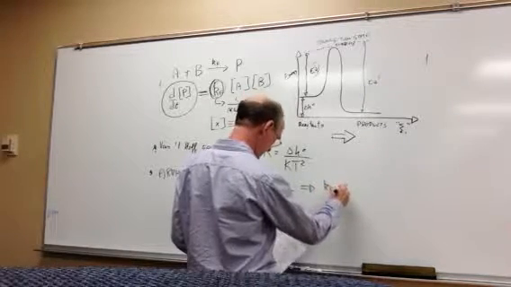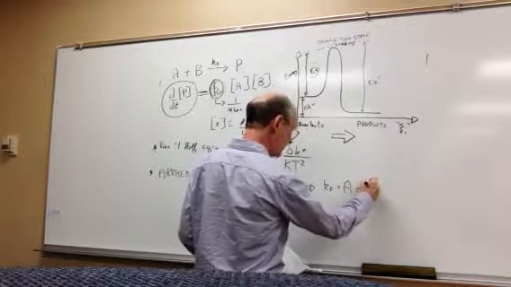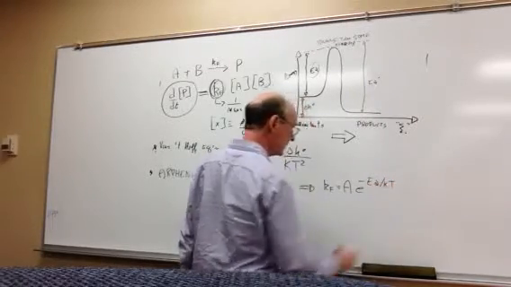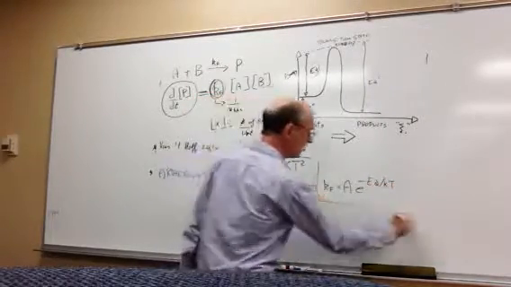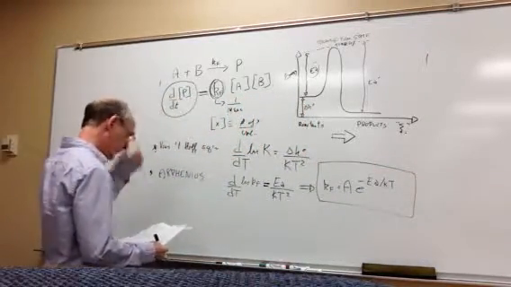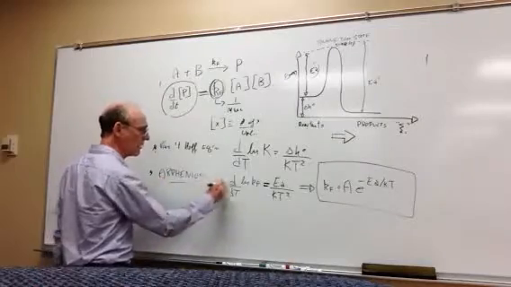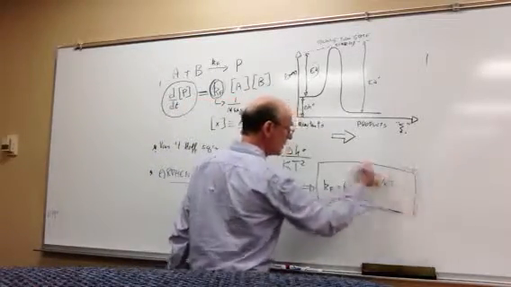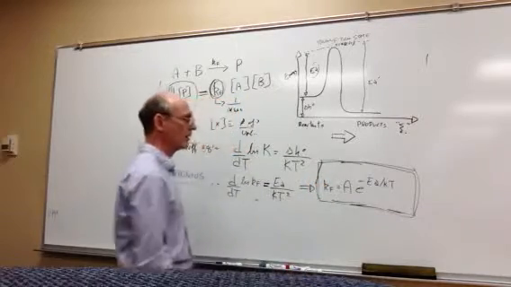So Kf is equal to A e to the minus Ea over Boltzmann constant times T, the temperature. This is the Arrhenius equation. This is the Boltzmann equation.